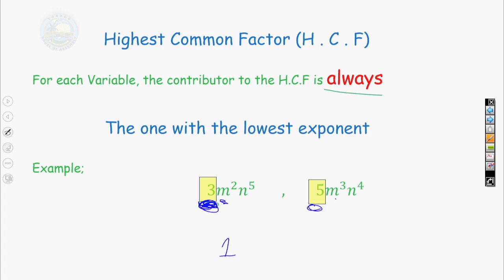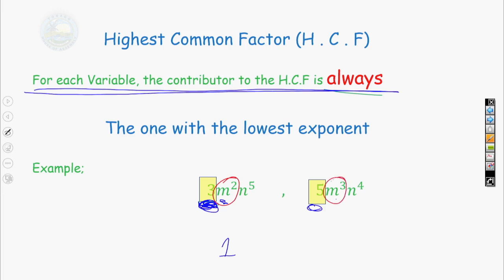Now, according to our rule of thumb, for each variable, the contributor to the highest common factor is always the one with the lowest exponent. So here, this m has a power of 2. This m here has a power of 3. The contributor is always the one with the lowest power. The one with the lowest power here is 2. So it's going to be m to the 2, or m squared.